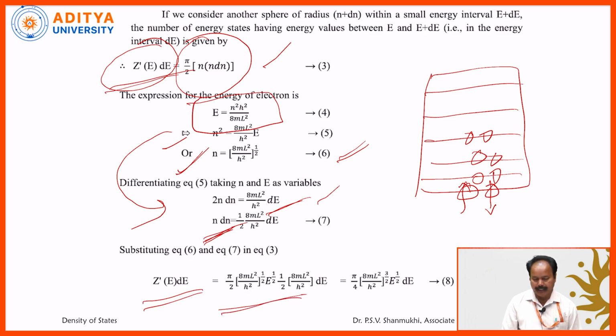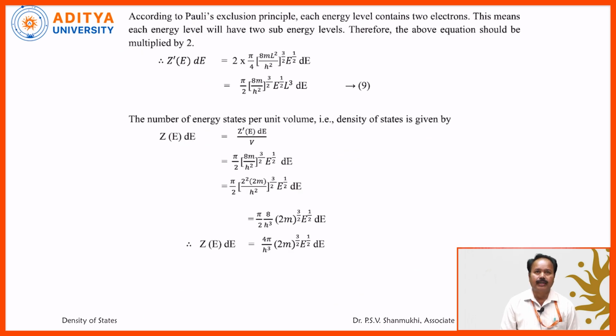Okay, simplifying this one, we get this as pi by 4 into (8 m L square by h square) whole power 3 by 2 into E power half into dE. So, we are getting some equation there.